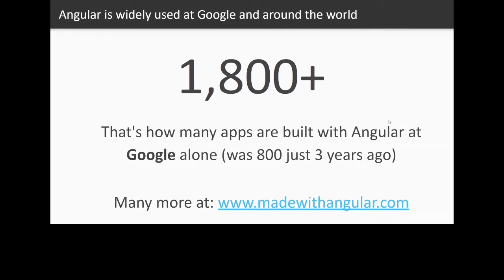Before a new release is made available to all of us, that release is tested internally, and they make sure that these 1,800 plus projects are working perfectly fine with that latest version. So when you get Angular 12 available to download and use, you know that these 1,800 projects at Google internally are already using it, and everything's working. There's no regression. They made sure that all of that QA was done upfront.